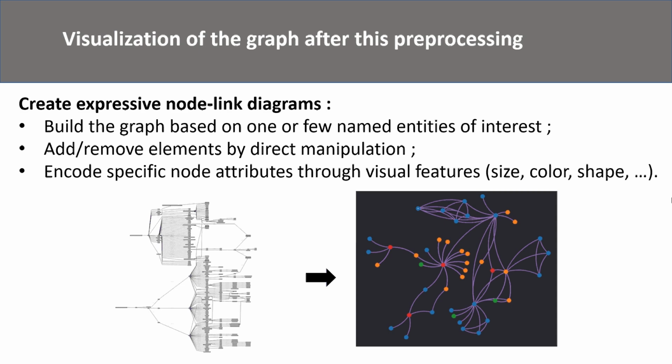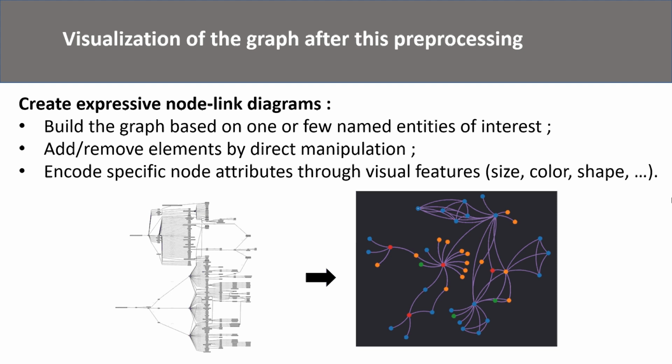So after this preprocessing of the ConnectionLens graph to make it smaller and clearer, we would like to provide a better way of visualizing it for users. Through an interactive interface, we wish to allow the user to populate incrementally an initially blank canvas with nodes of interest.